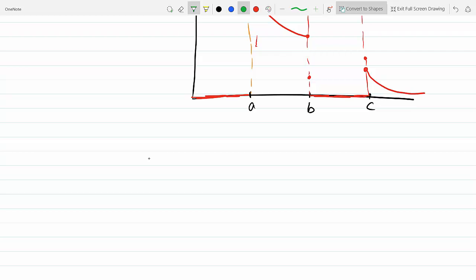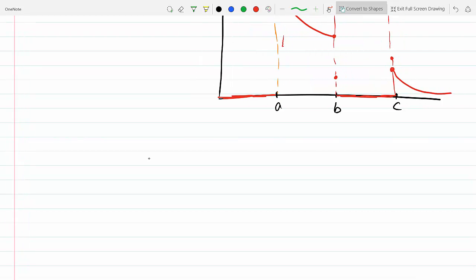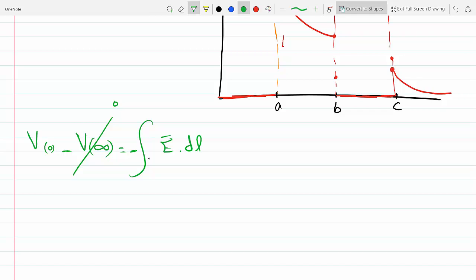Now if I need the potential at 0, I'll take my reference to be at infinity. So I know that V0 minus V infinity, and this guy here is 0 because I'm taking my reference to be at infinity, is equal to minus integral of E dL from infinity down to 0.